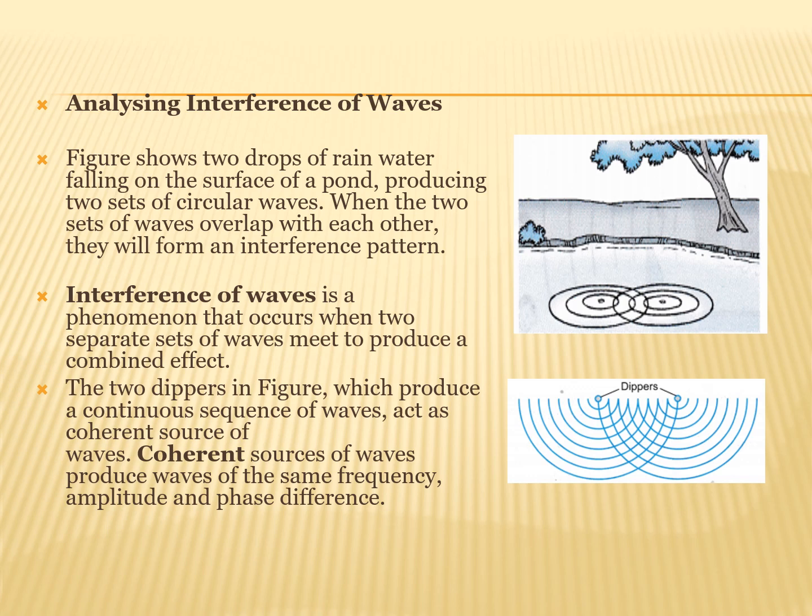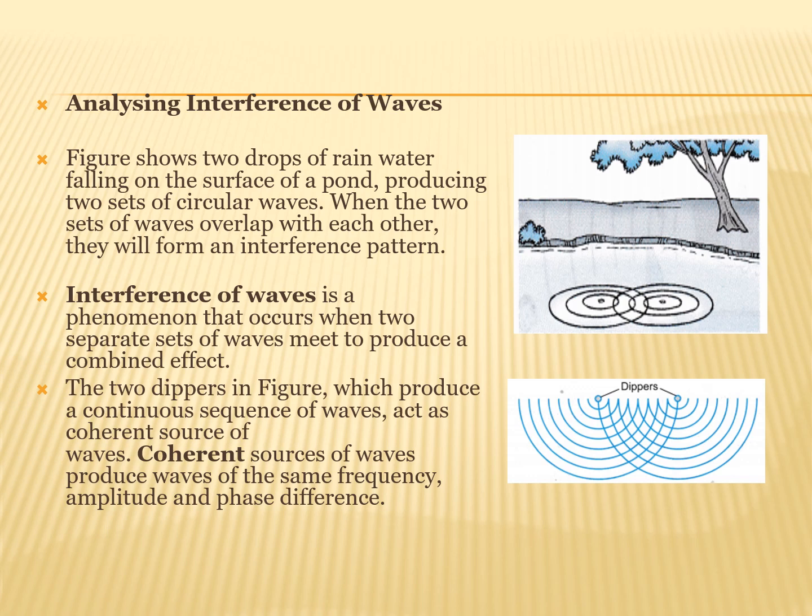In the second diagram, you have two dippers which produce a continuous sequence of waves and act as coherent sources. The coherent sources are nothing but sources with the same frequency, amplitude and phase difference.